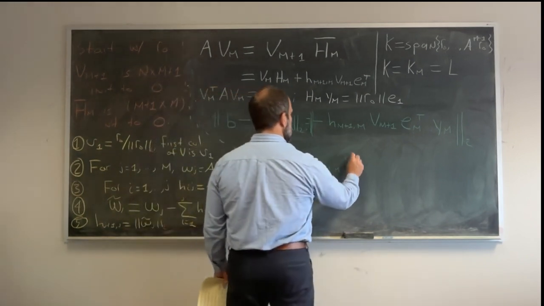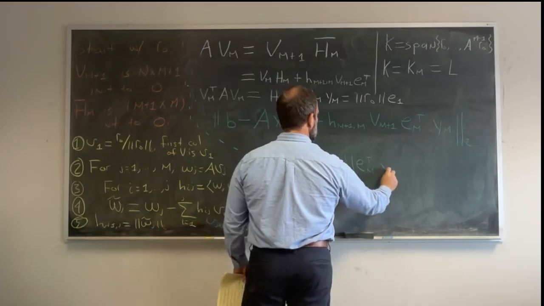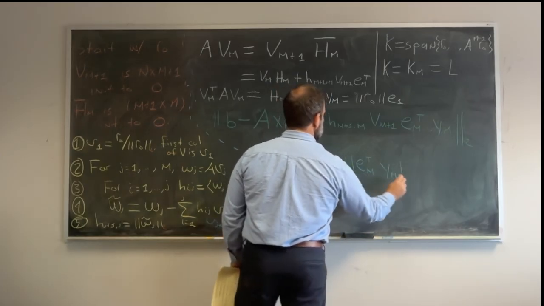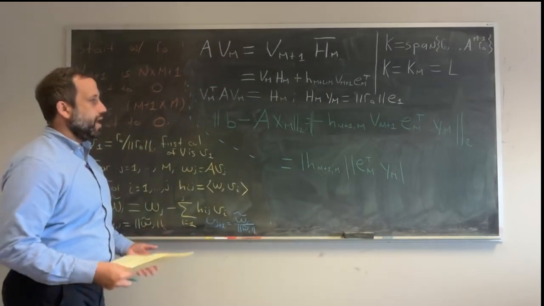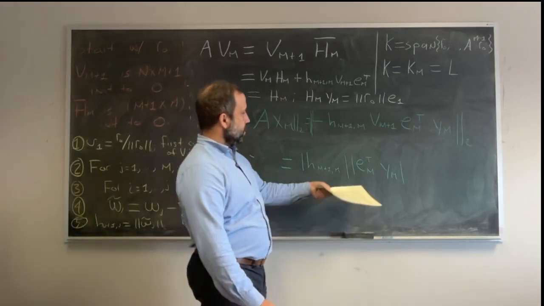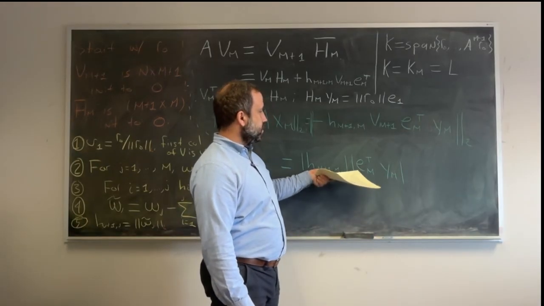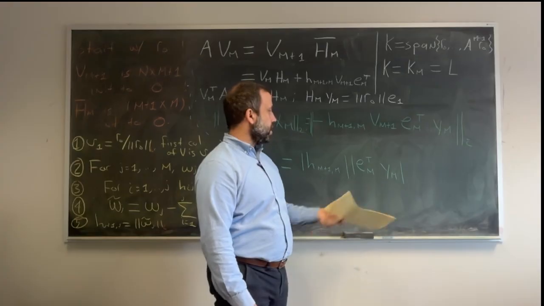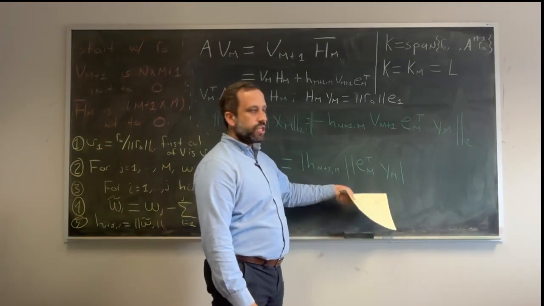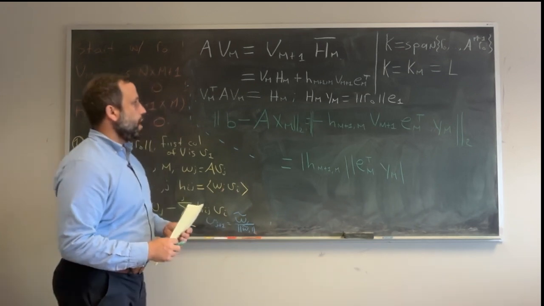So we could write this as the absolute value of EM transpose times YM, and that means it's the last entry of YM, because EM transpose is all zeros until the last entry, which is 1, and so the dot product just gives you the last entry of YM.